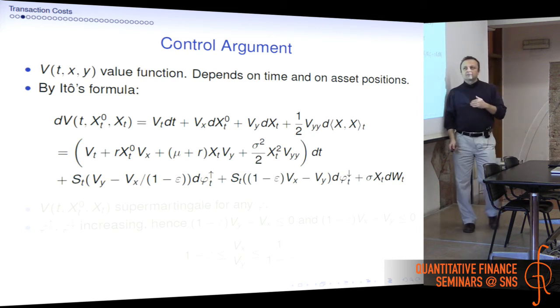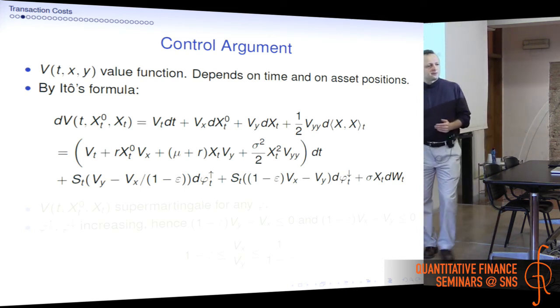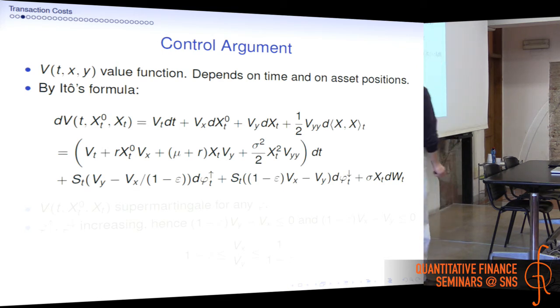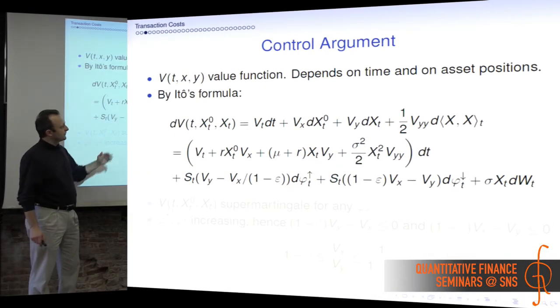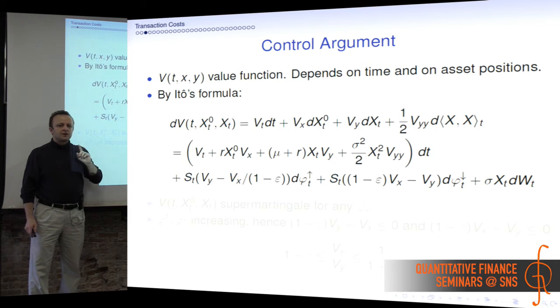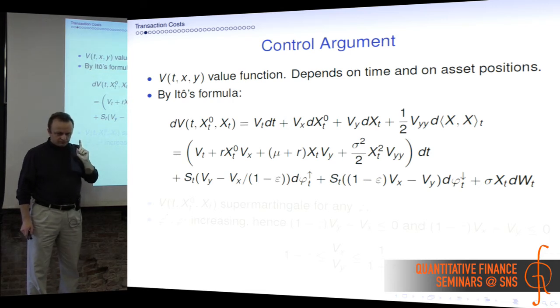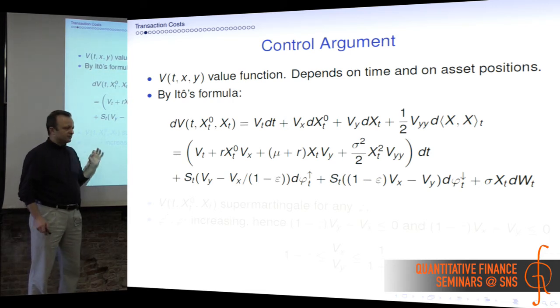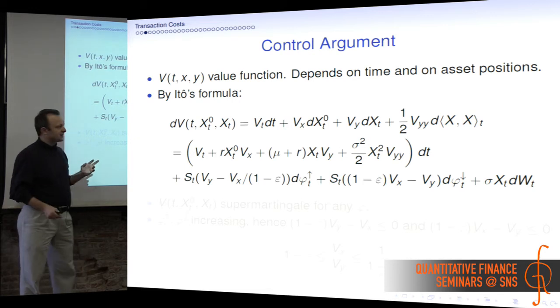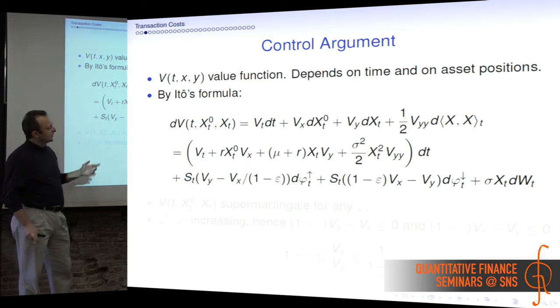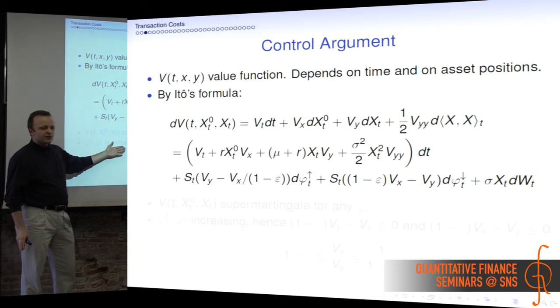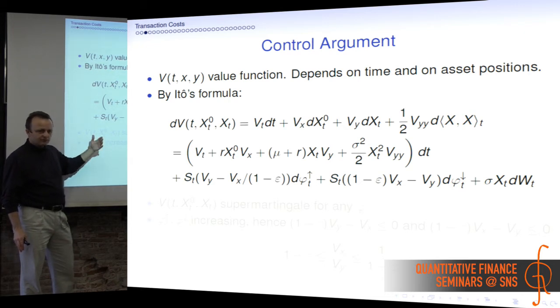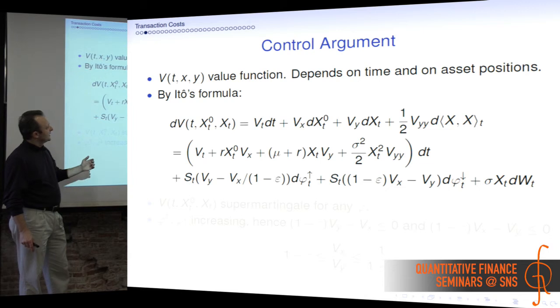Now, what is the dynamic programming principle that we should use when we want to write the Hamilton-Jacobi-Bellman equation? Notice I'm not saying theorem, I'm just saying principle. It's like a meta theorem. It's something that you hope is going to be true and will lead you to the right equation, and then when you get the right equation, you will prove a verification theorem.